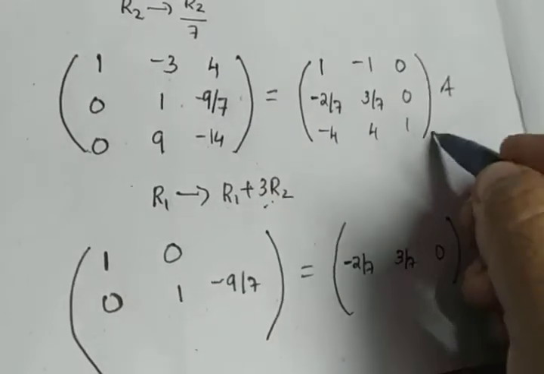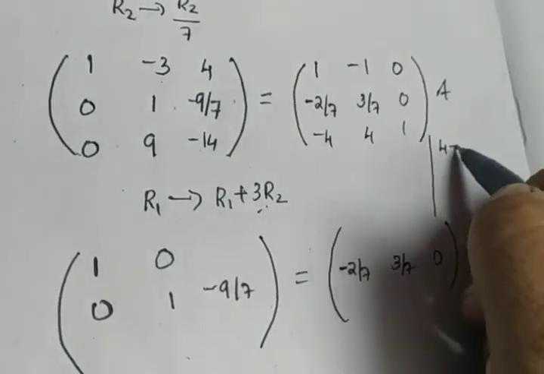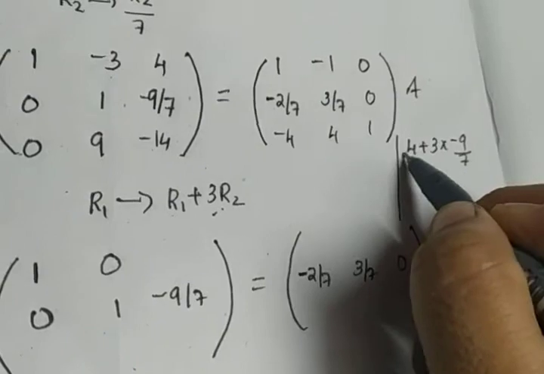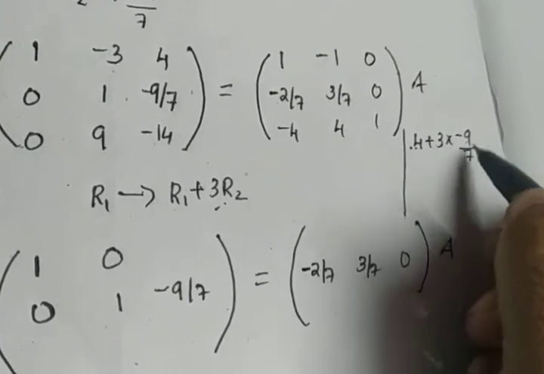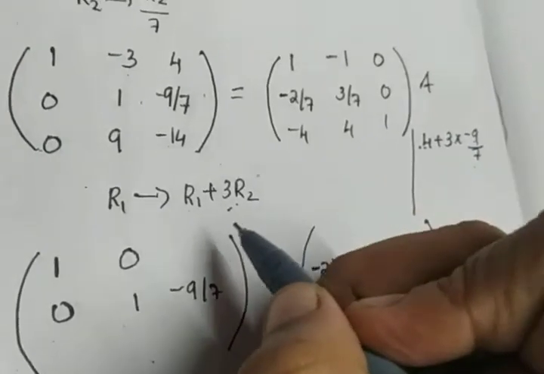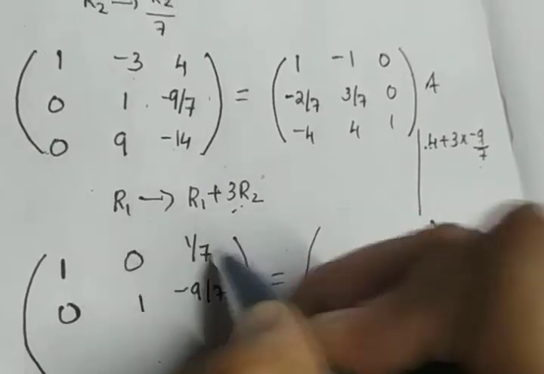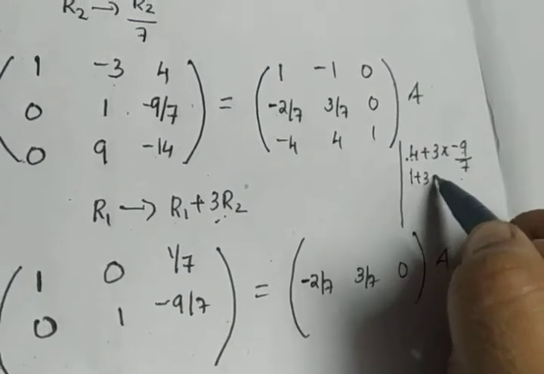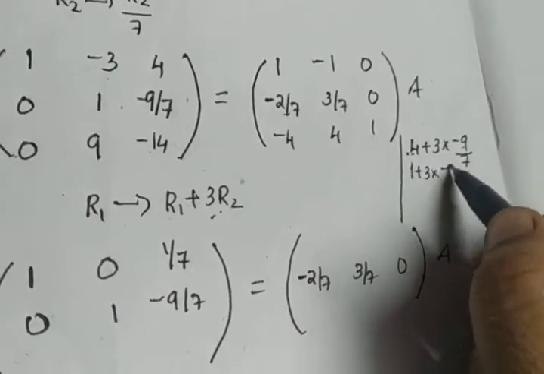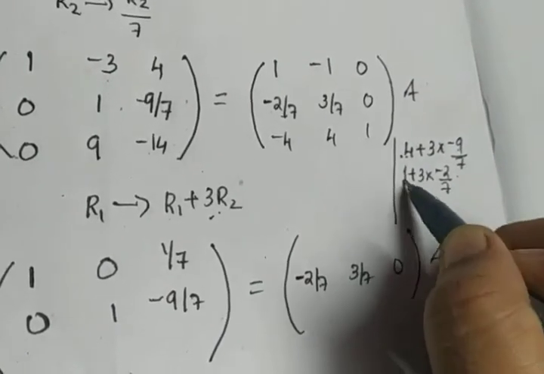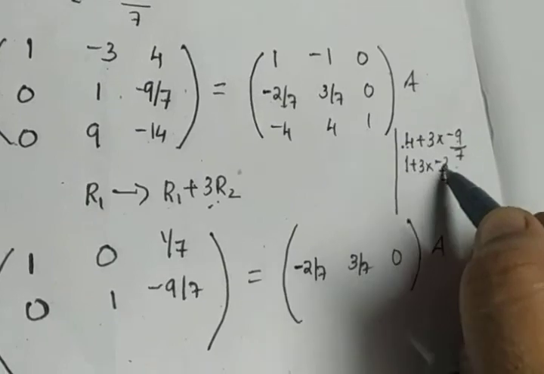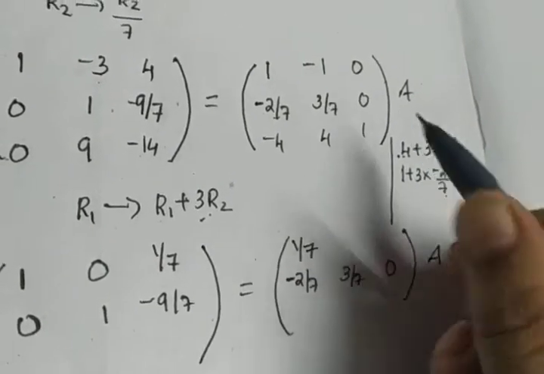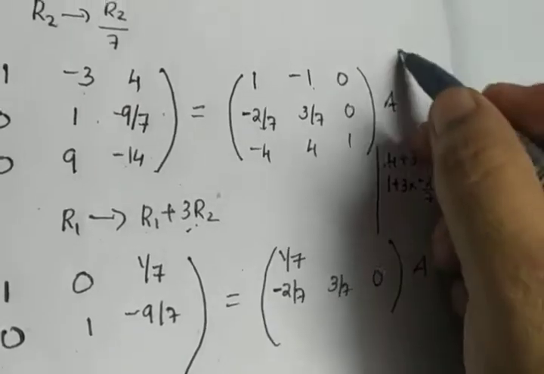What about this element? 4 plus 3 into -9 by 7. So 7 4's are 28, 28 minus 27 by 7. That gives you the value 1 by 7. Again on the right side, 1 plus 3 into this term, -2 by 7. So 7 into 1 is 7, 7 minus 6 by 7. 7 minus 6 is 1, so 1 by 7.